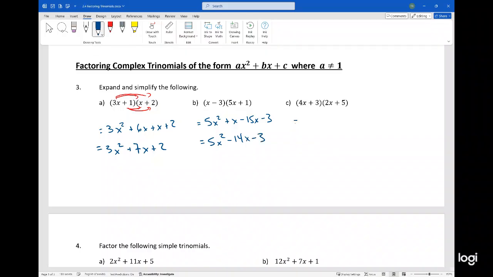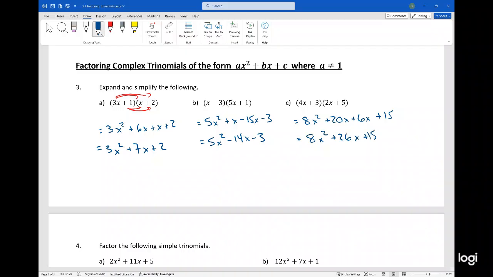And this one here, 4x times 2x is 8x squared plus 20x plus 6x plus 15, or 8x squared plus 26x plus 15.